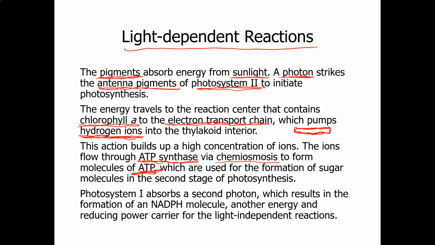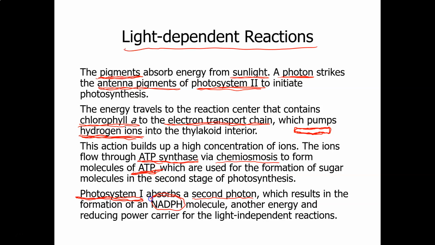And then a second group of antenna pigment molecules, also located on the thylakoid membrane, are called photosystem 1. Photosystem 1 pigment molecules absorb a second photon of light energy, and this results in the formation of NADPH.